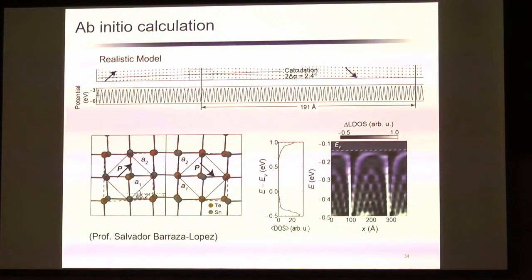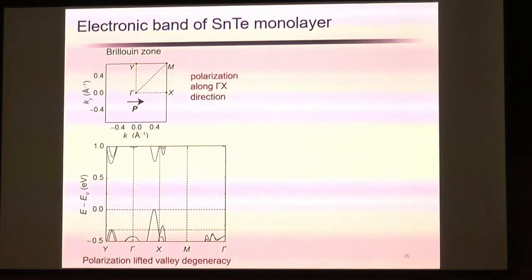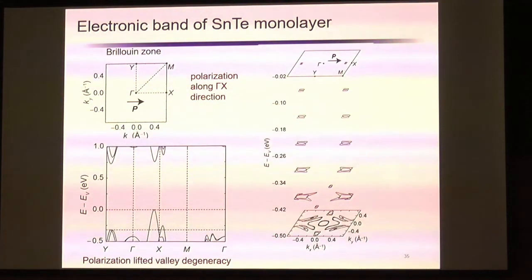But why is there such electron confinement? So let's see the electronic structure. Along the gamma-X direction, we assume that the gamma-X direction is the polarization direction. Here is the valence band. If we see the electronic structure at different energies, at the beginning you have the pocket around the gamma-X direction, and then you have the pocket around the gamma-Y direction.